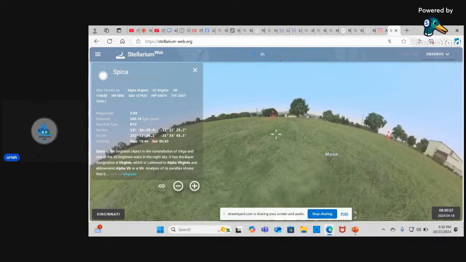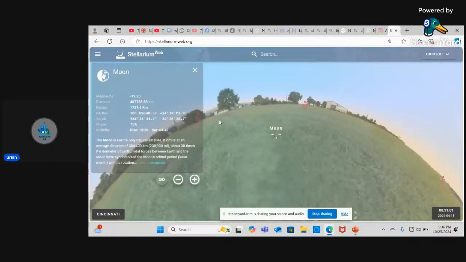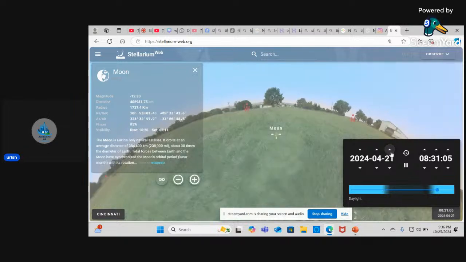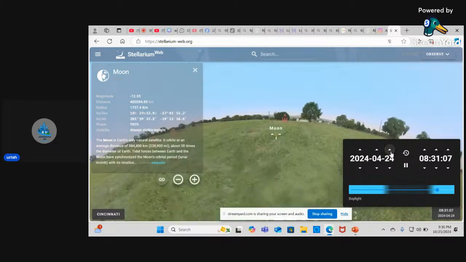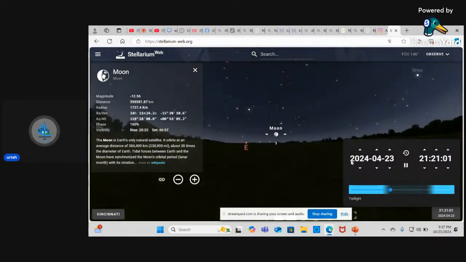Put in the moon to let us know the phase, okay? So we can go up or down. All right. So we're looking for Spica, right? All right, so now let's type in Spica.